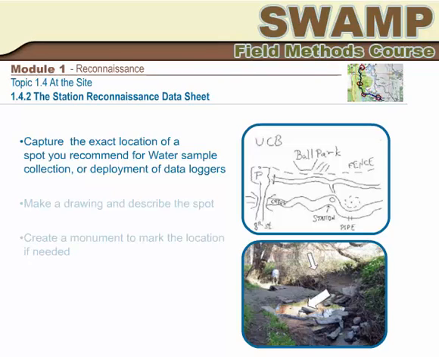For activities such as zone deployment or trash assessment that require consecutive visits to the exact same spot, make a drawing and describe the exact spot in a way that will allow each of the crews to perform the activity at the same spot. You might also need to create a monument, for example by marking a tree or driving a stake at a specific location. But first, please make sure that you have permission to do that.